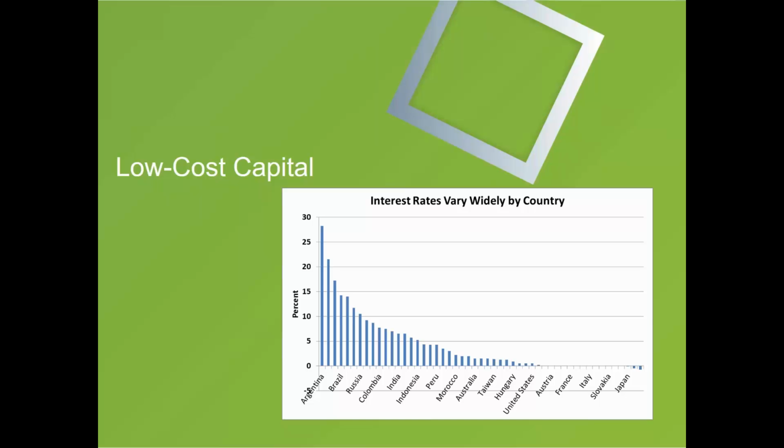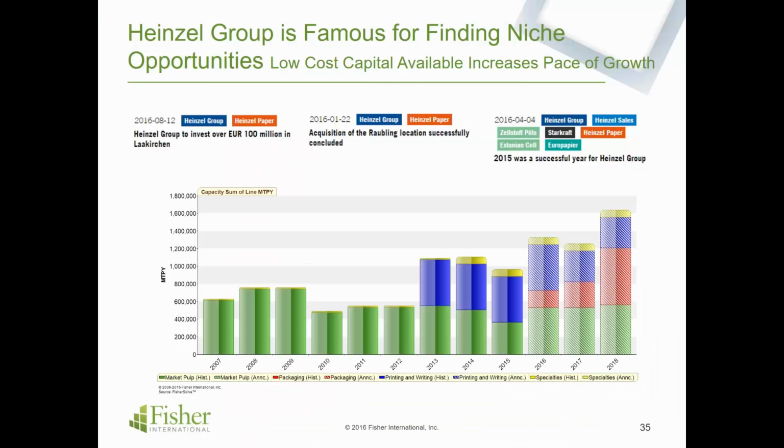So how about low-cost capital then? We learned that in Russia the interest rate is high, but there are actually some countries at the same time, surprisingly, that have a negative interest rate. Countries like Japan, Sweden and Switzerland, I think, are in this category today. And Austria is also one of the low-cost producers, and I have taken the example of Heinzel, which has invested in printing and writing.